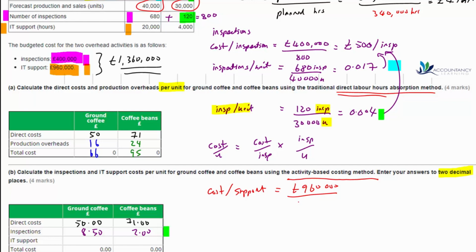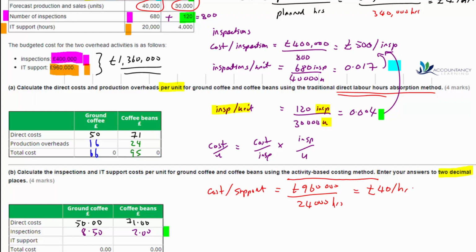So we provide 24,000 hours of IT support, don't we? A total of 24,000. So 960,000 divided by 24,000. So that tells us that we have a cost of £40 per hour.